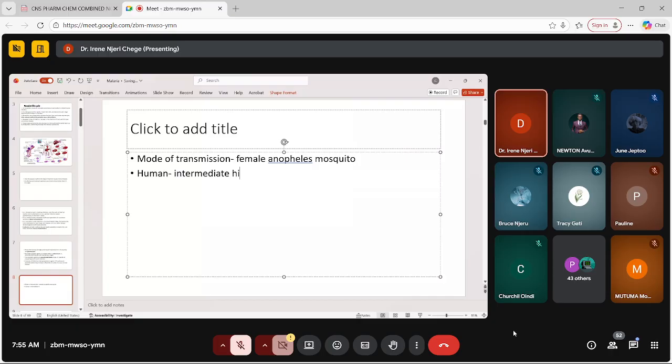We're saying that the female Anopheles mosquito is what? Is the definitive host, because the sexual stage occurs in this female definitive host.